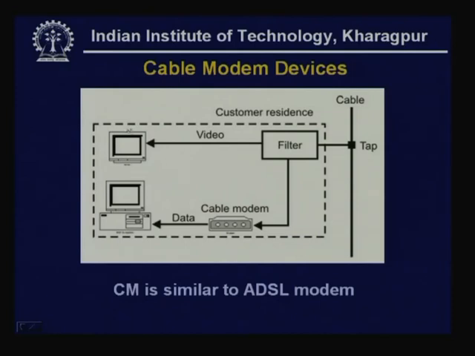That video signal will go to a television, and the data signal will go to a cable modem, which will do the necessary modulation and demodulation, and the signal will go to a computer. So, you can see here both data as well as video communication is possible by using this device.